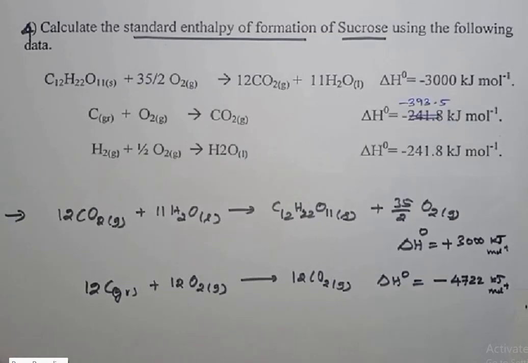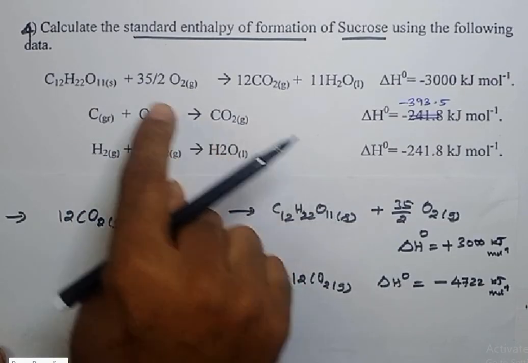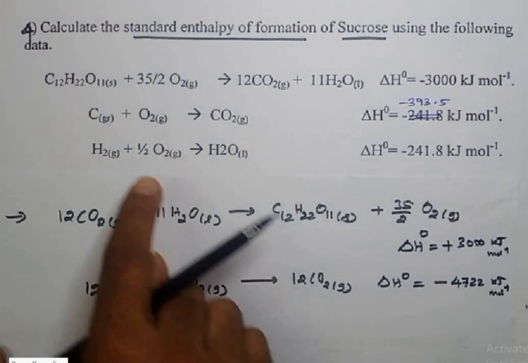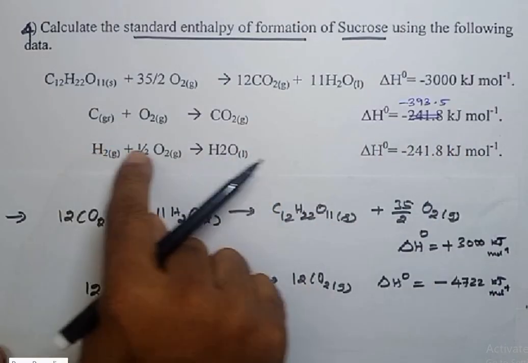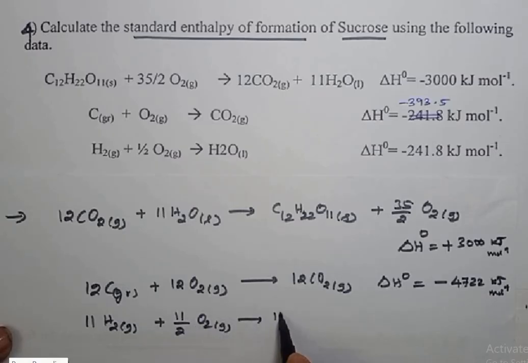Now, what is the third reaction? The third reaction, H2 plus half O2 gives H2O, is given. And here we have 11 H2O, so we have to multiply this reaction throughout by 11. So 11 H2 gas plus 11 into half, 11 by 2 O2 gas, giving 11 H2O liquid.